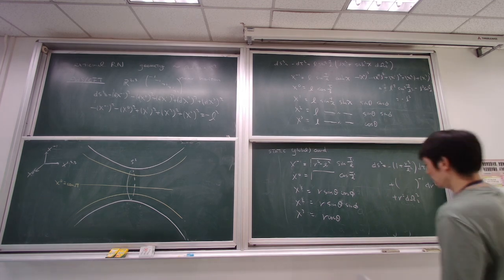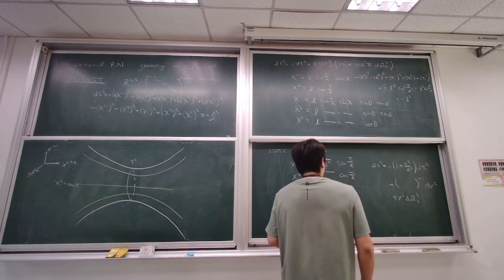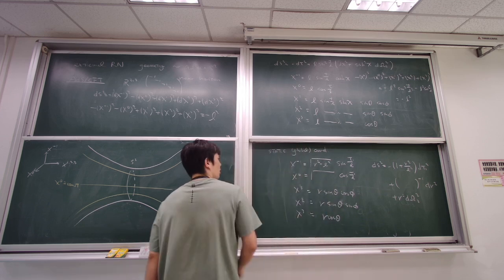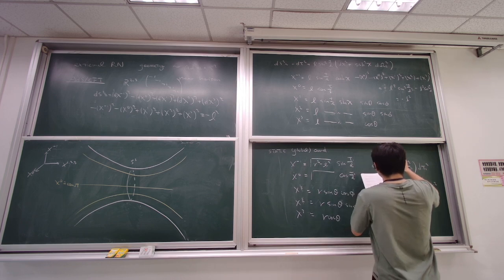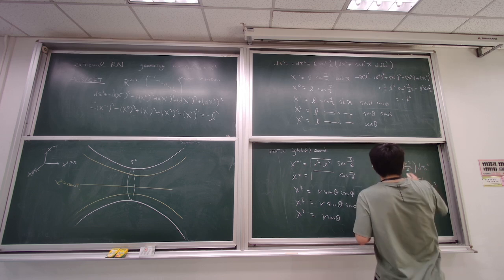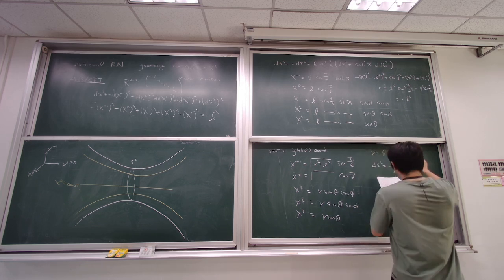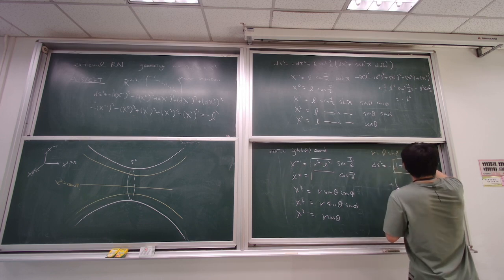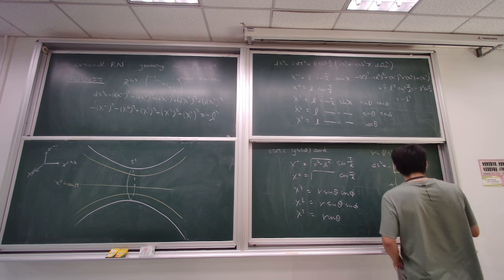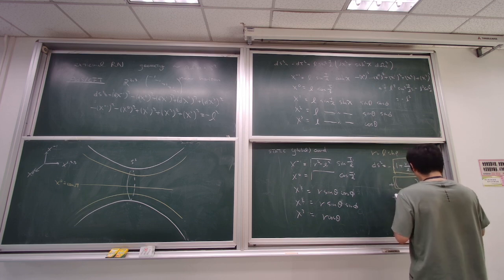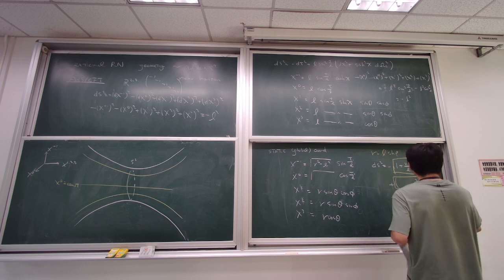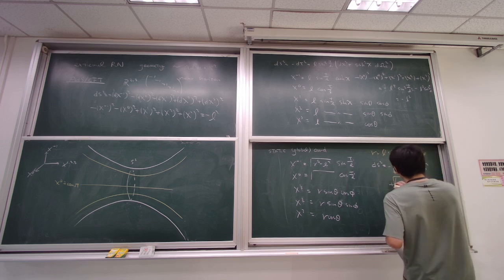Okay, something like this. And then we can set this R to be L sin rho. Then this part becomes cos square rho, and I need to change a variable.